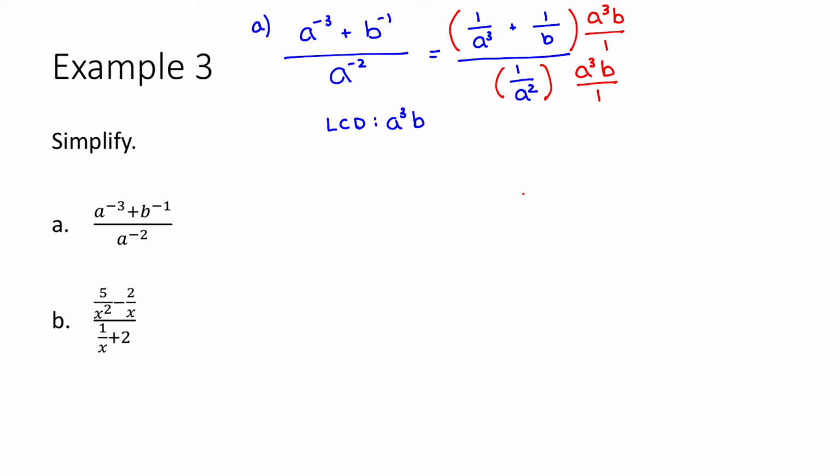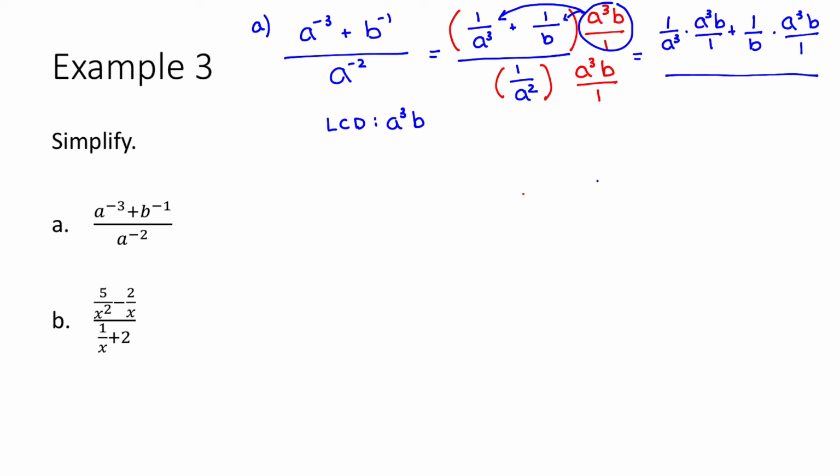Okay. So now I distribute this, and I have 1 over a to the third times a to the third b over 1. And then plus 1 over b times a to the third b over 1.